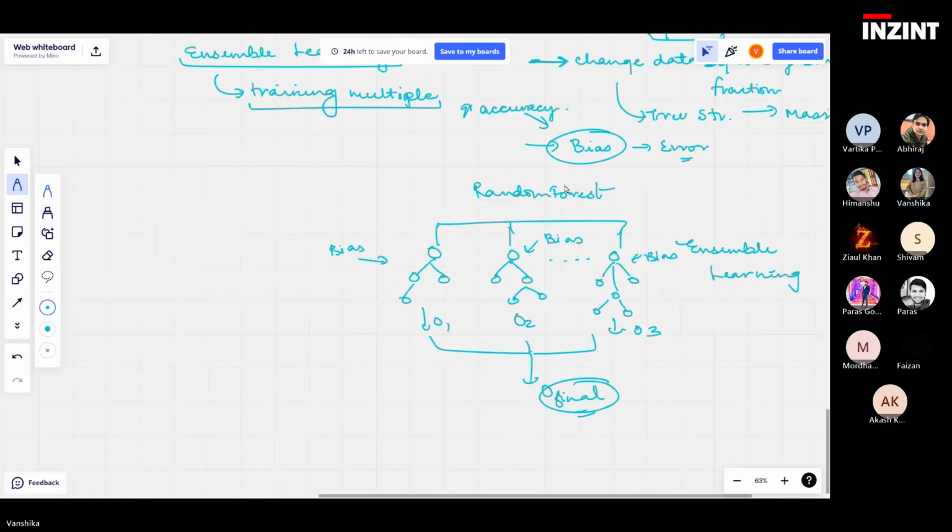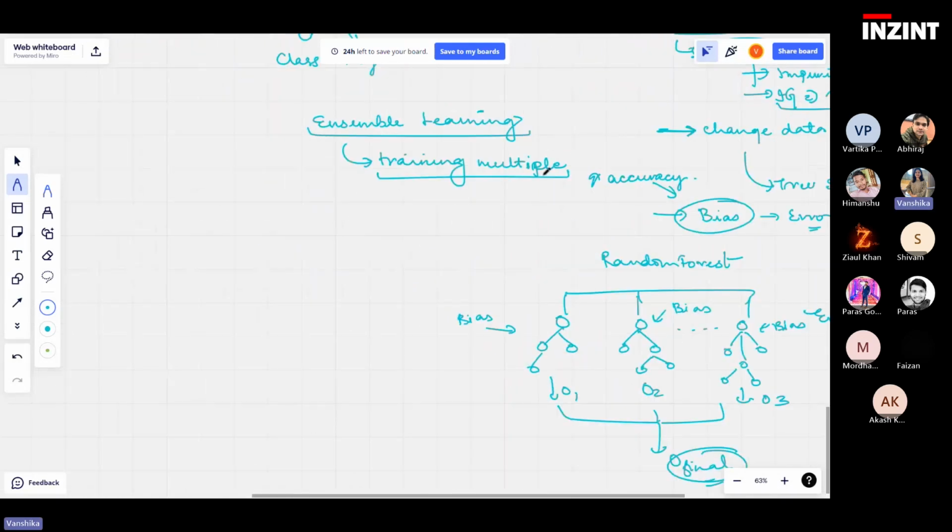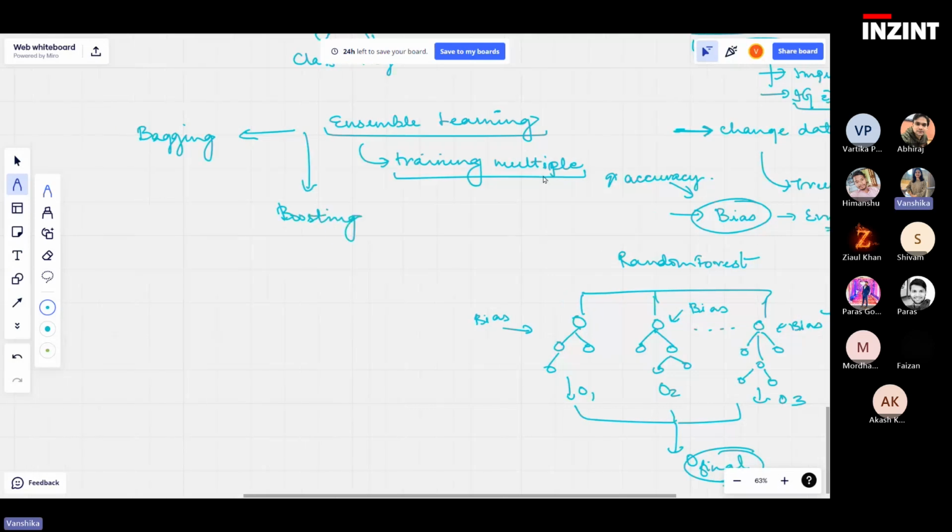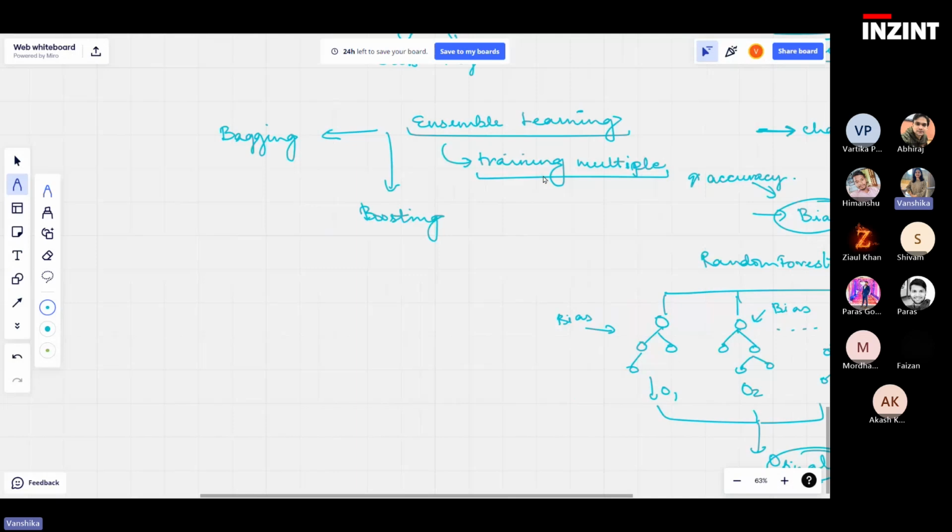All right. Now this ensemble learning has two types. We have something called bagging, and we have another thing called boosting. So what is bagging? Bagging is what random forest is doing. Basically, models are trained parallelly.